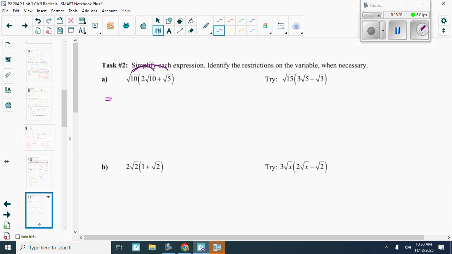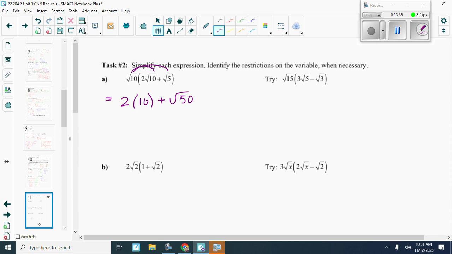So here's when I'm doing this question, this is the thought process that's going through my head. 2 times, there's no coefficient, so I know the coefficient's 1. So I know I have 2. And I know that square root of 10 times the square root of 10 is going to give me just 10. If you want to write in the square root of 100, and then take the square root of that, you can, but I'm hoping that you guys are at the point now where you recognize that when you have the square root of 10 multiplied by itself, you just get 10, and then here we have the square root of 50.